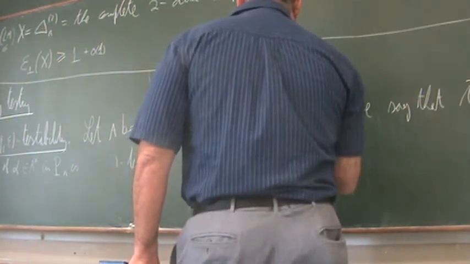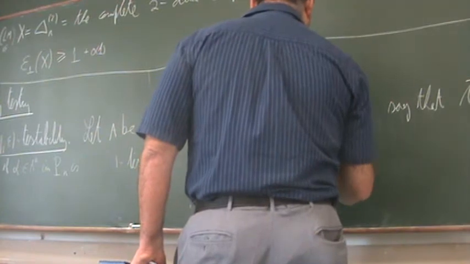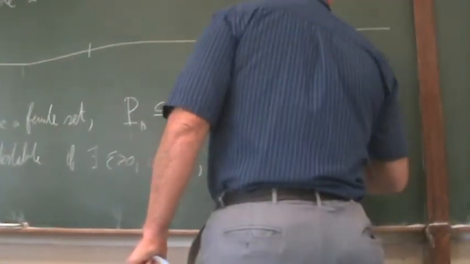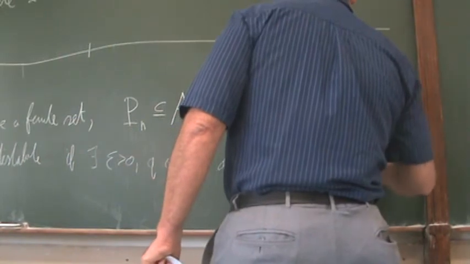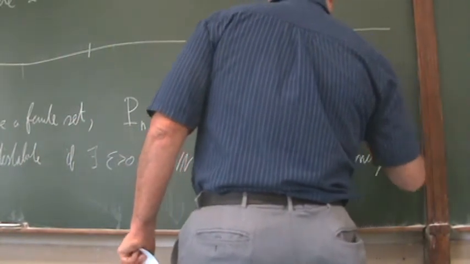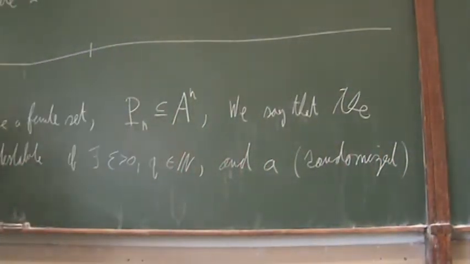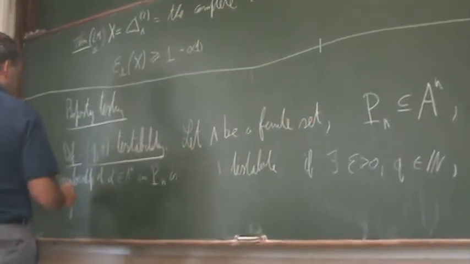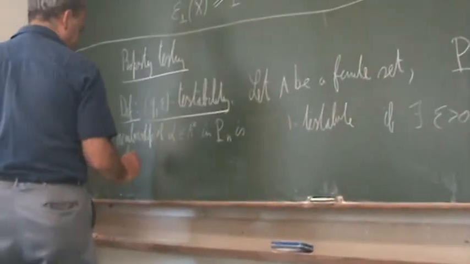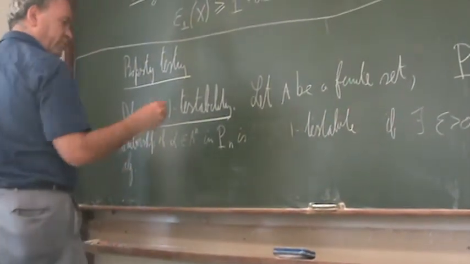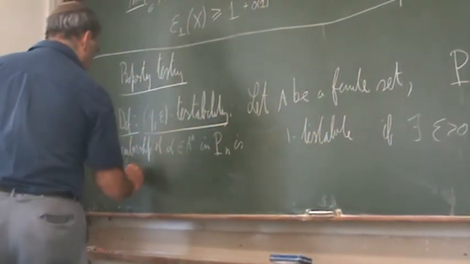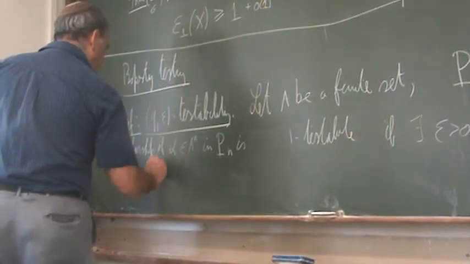There exist epsilon, Q an integer, and a randomized algorithm. You will see that it must be a randomized algorithm somehow. I'll just call it a tester.